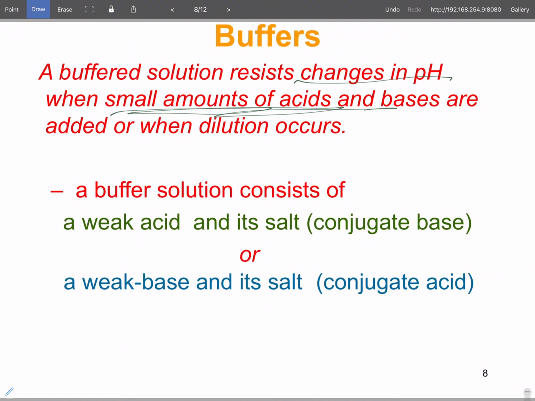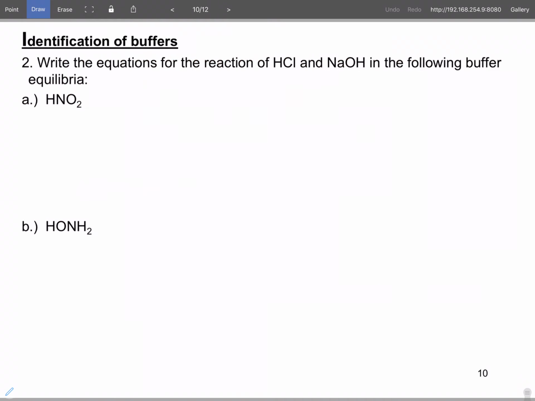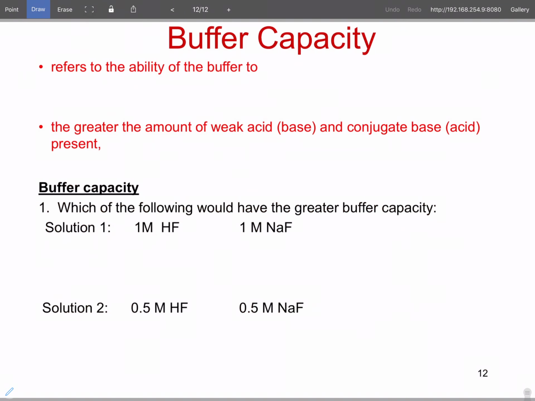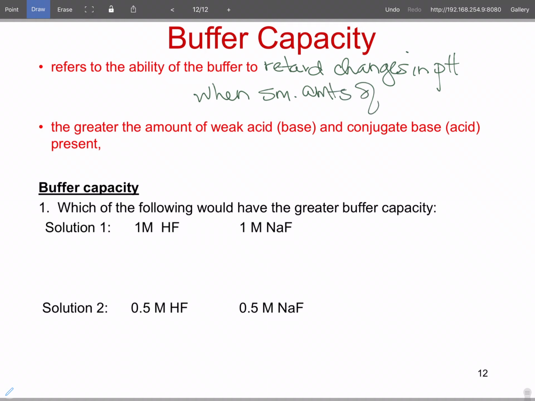Because what it's really doing is, and I'm going to jump forward to buffer capacity and then come back, the ability of the buffer to retard changes in pH when you add small amounts of strong acid and bases.